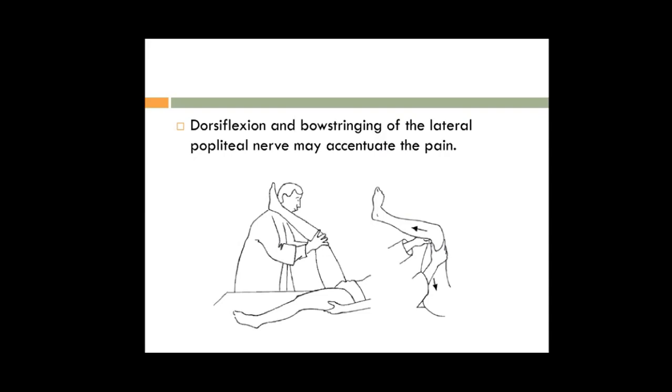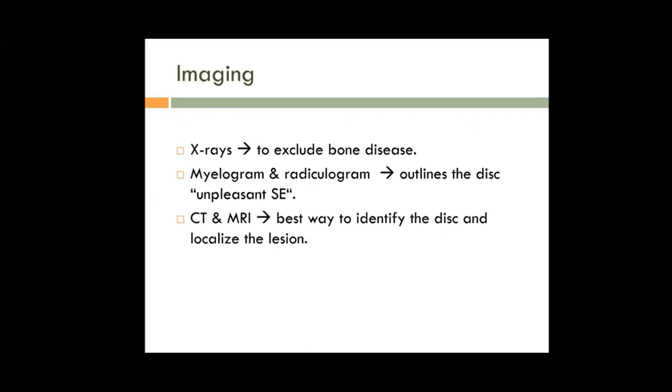Dorsiflexion of the ankle is a separate test during the straight leg raising test. We call it the Lasègue test. Okay? And at the same time, if you compress at the popliteal fossa during straight leg raising, it's called the bowstring test. All of those, the aim of performing these maneuvers is to increase the tensioning over the nerve root.